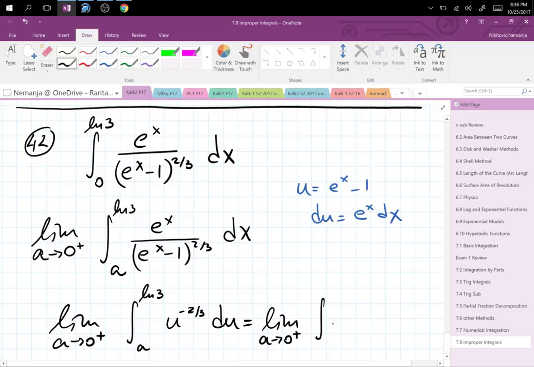You get plus 1, right? So u to the positive 1/3, so that's cube root of u, divided by, no, times 3. I need the integral.